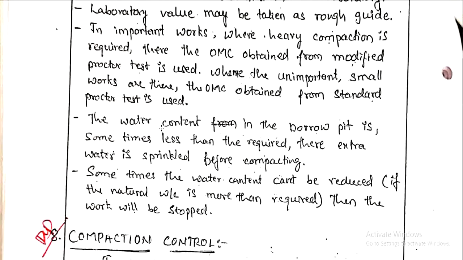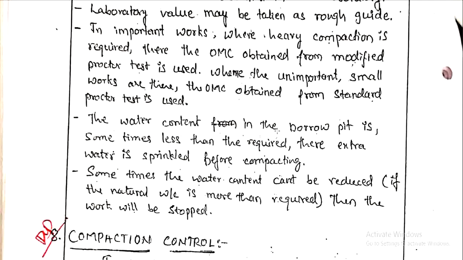Placement water content means that the water content in borrow pits is not the same, and is sometimes less than required. Let us think that the optimum moisture content is 18% and in the field 9% water content is there.